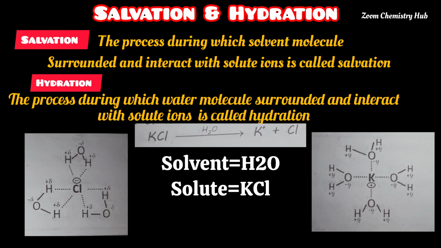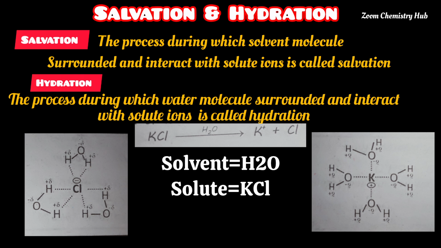After this, the potassium ion will be attracted by the negative end of the water molecule, and the chloride ions will be attracted by the positive end of the water molecule.